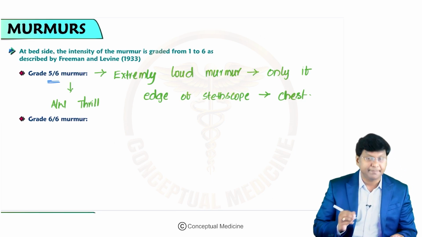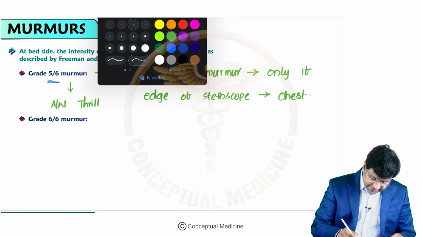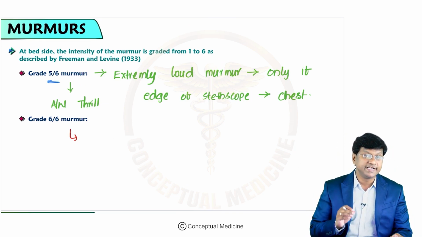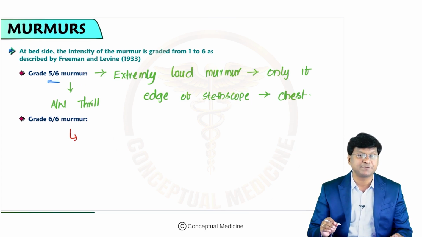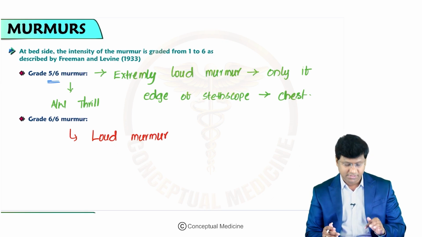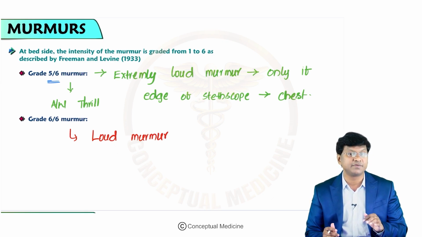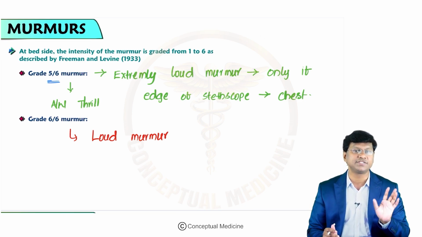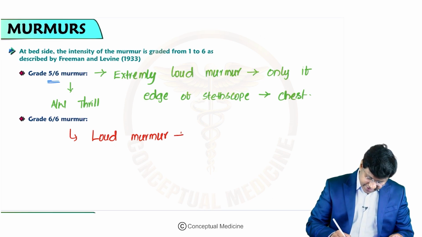So what is thrill? A palpable murmur. Then if you take grade 6 by 6 murmur, it is an exceptionally loud murmur. Right? And what is the difference between 5 by 6 and 6 by 6? This grade 6 by 6 murmur can be heard with a stethoscope which has just been removed from contact with the chest wall.